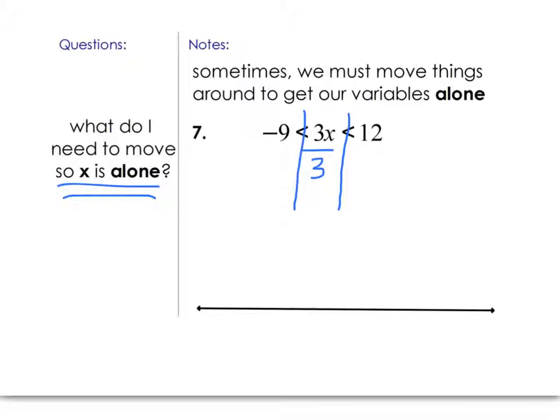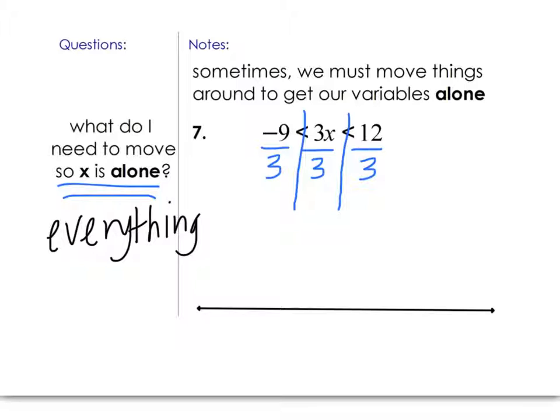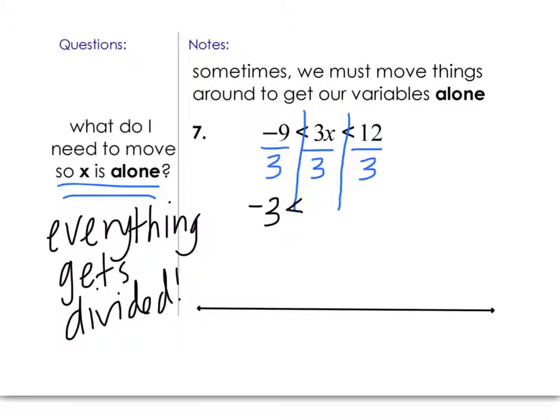But if I divide by 3 in the middle, I have to divide by 3 in all of my pieces. So everything gets divided. Well, negative 9 divided by 3 gives me negative 3 is less than x, which is less than 4.